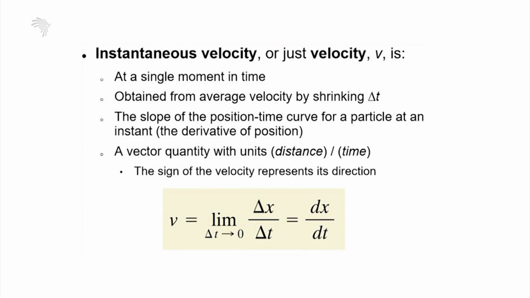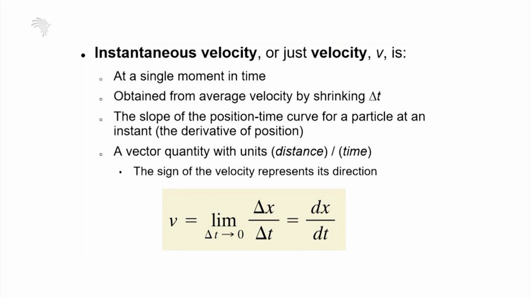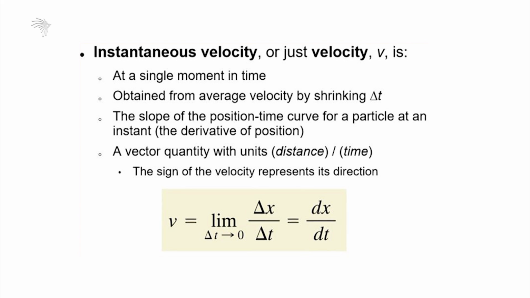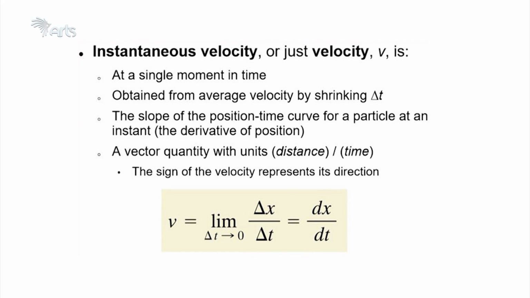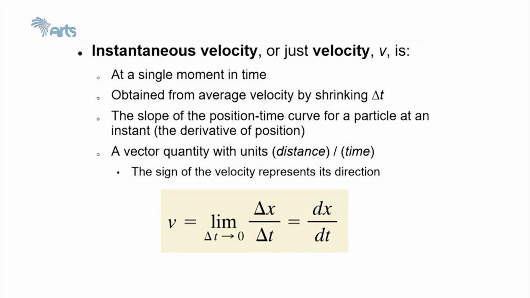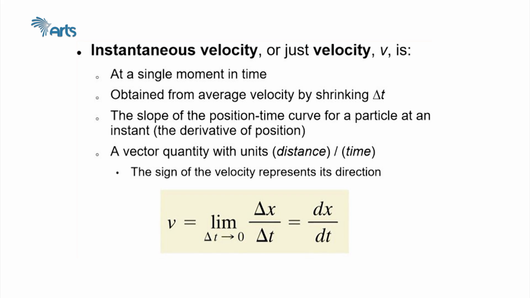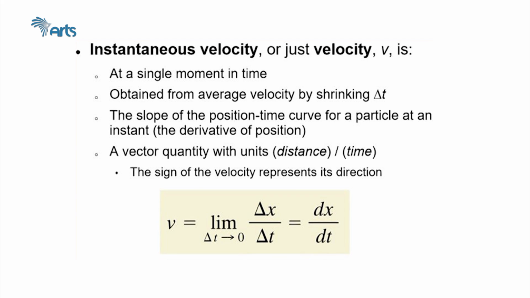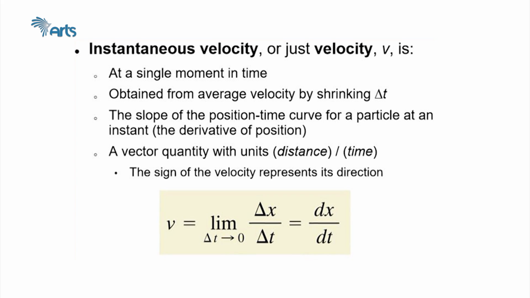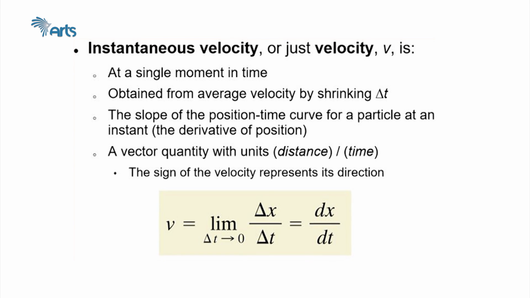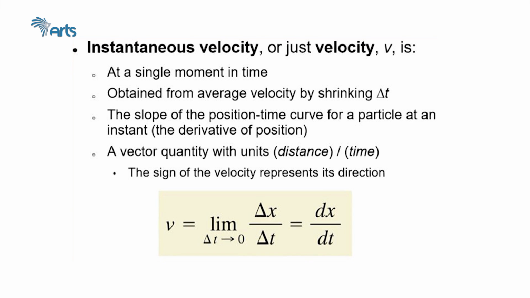Mathematically, to calculate this instantaneous velocity, we use the limit of change in x over change in t, where change in t approaches 0. Or if x, the position of an object, is expressed as a function of time, then the first derivative of this displacement with respect to time will give you the instantaneous velocity.